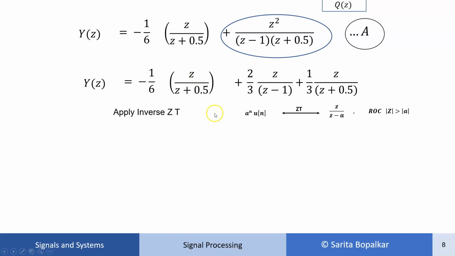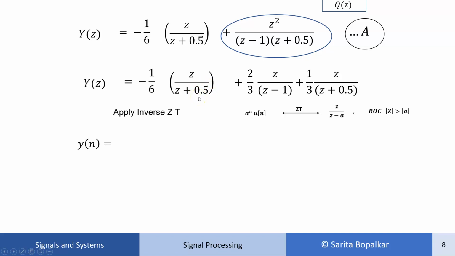Whenever we are applying it, we know that a raised to n u(n) has the z transform z upon (z minus a), where mod z is greater than mod a. So for z upon (z minus a), the inverse is a raised to n u(n). Here for z upon (z minus minus 0.5), a is minus 0.5.